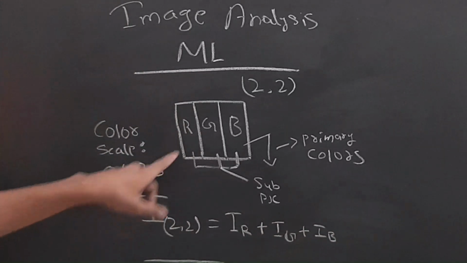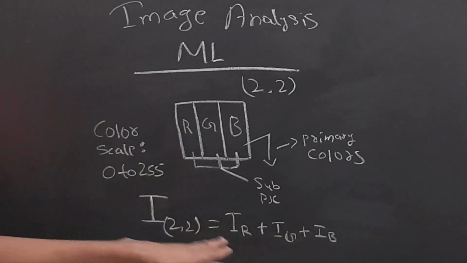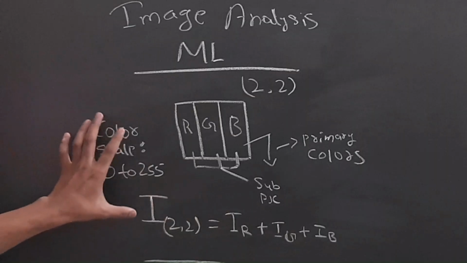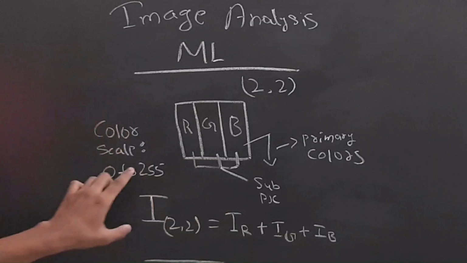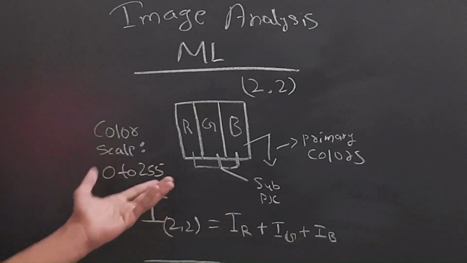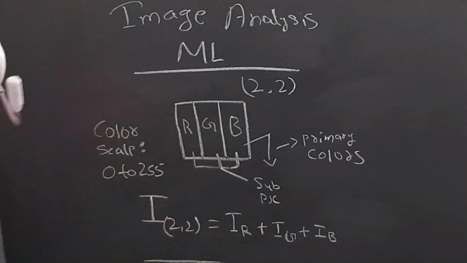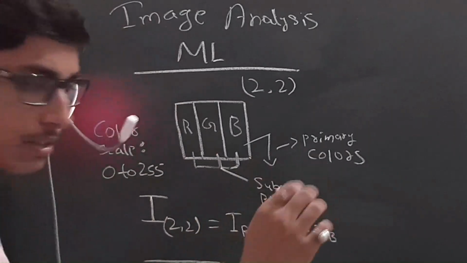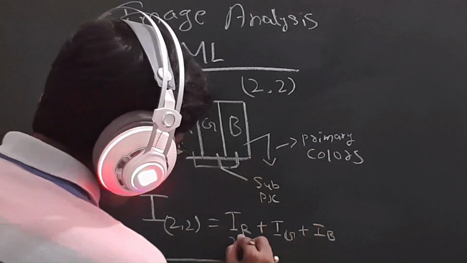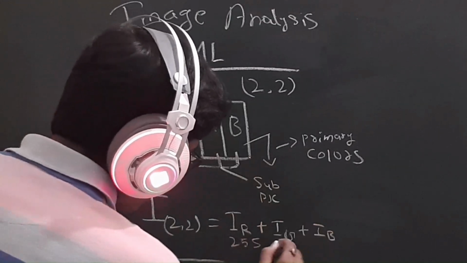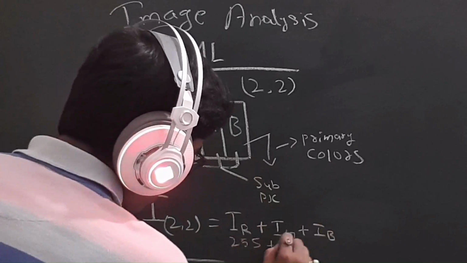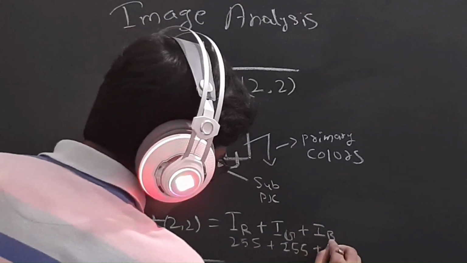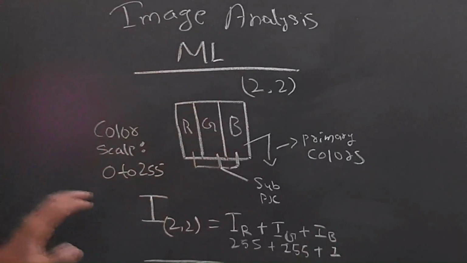Right. And as we know, the color intensity of red, green, blue will be represented between 0 to 255 because it's the maximum color scale value. Every color is represented between these color parameters. So suppose we have the color intensity values of 255, 255 and 1. So 255 was red because red is written first, the green was written second, and the blue was written at the third turn, right?